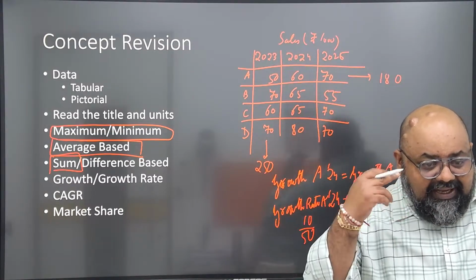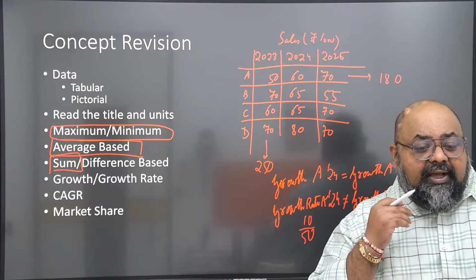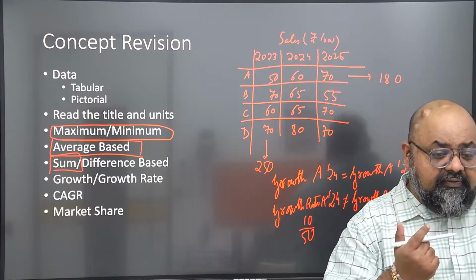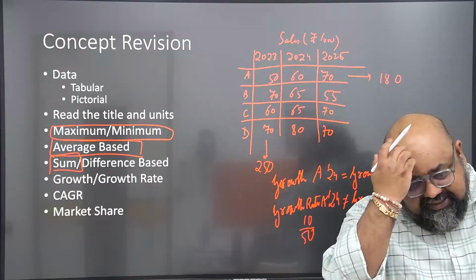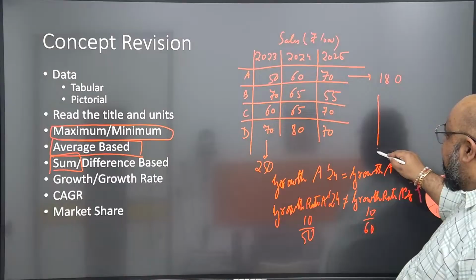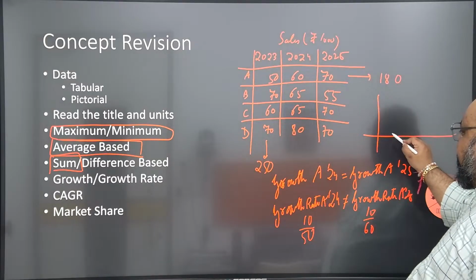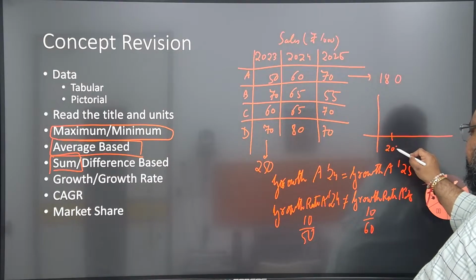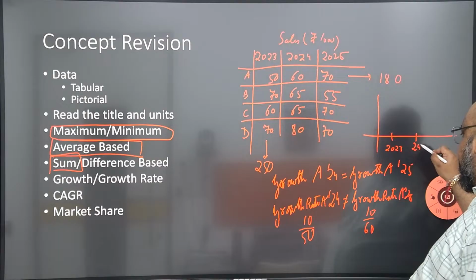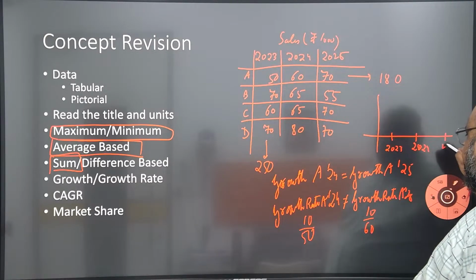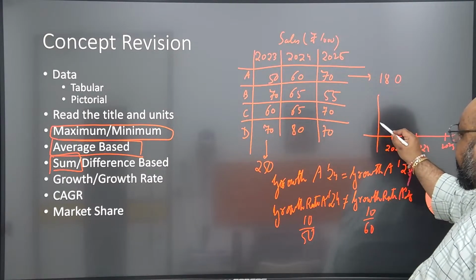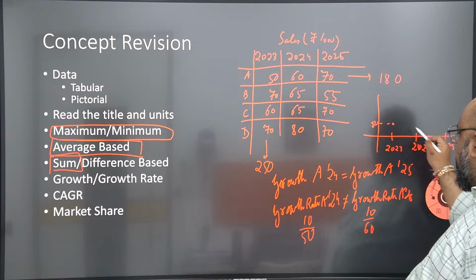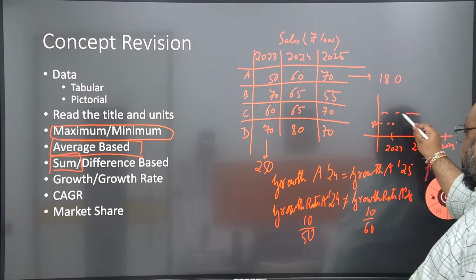Right? In a line chart, if you look at it, a line chart captures growth for you, not growth rate, not in that sense. For example, if I draw a line chart for A, I draw a line for A for the year 23, 24 and 25. For 23, the sales is 50. For 24, the sales is 60.